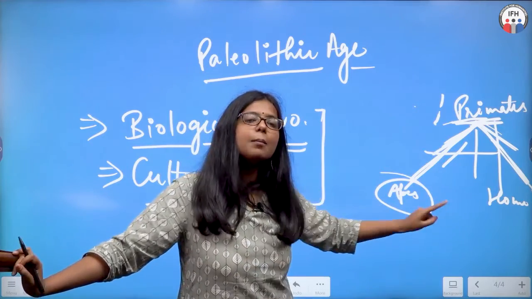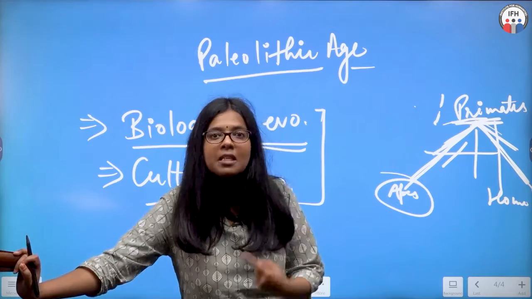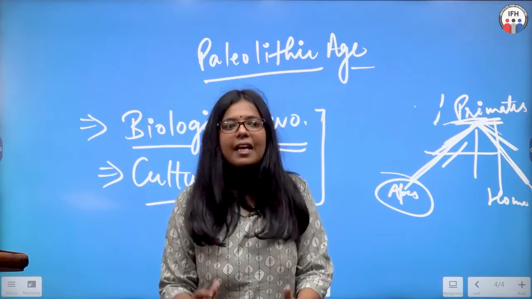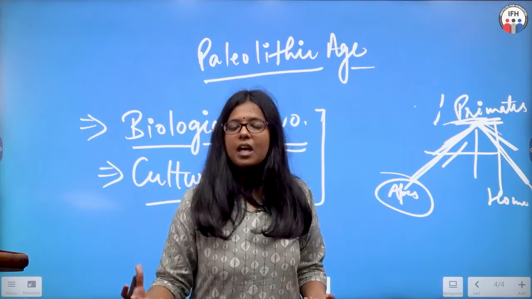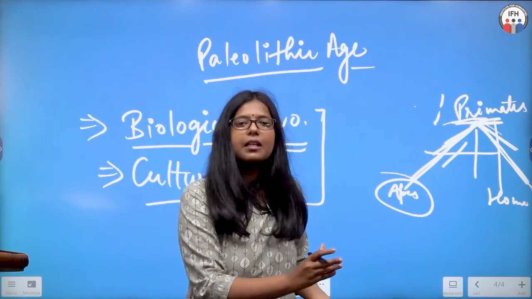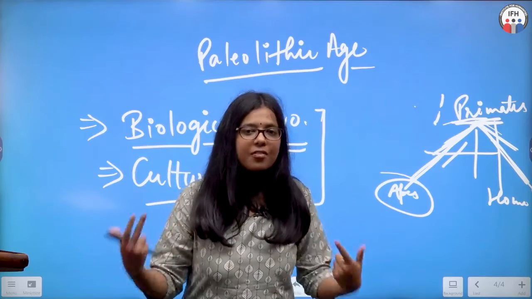So the basic difference is this: the cultural evolution of human beings begins the day they pick up a stone and throw it at a particular animal. Animals are not going to do that. They will use their physical strength.